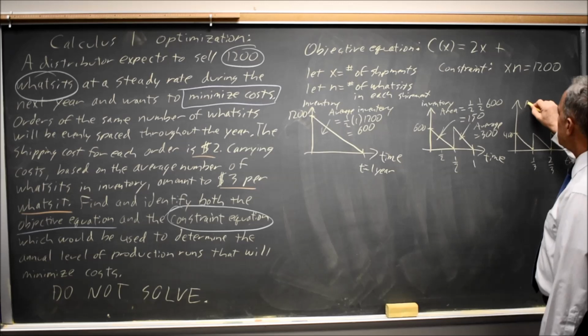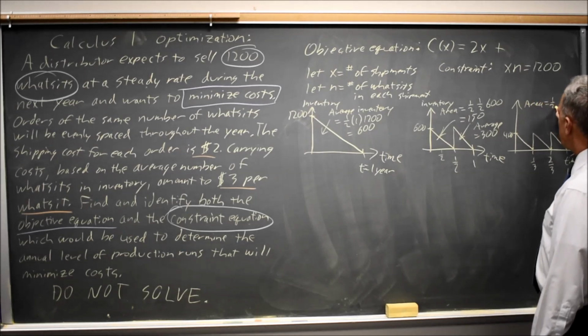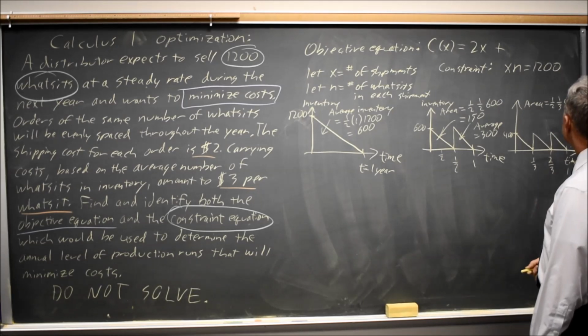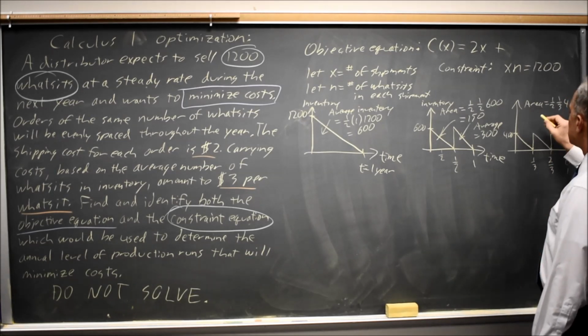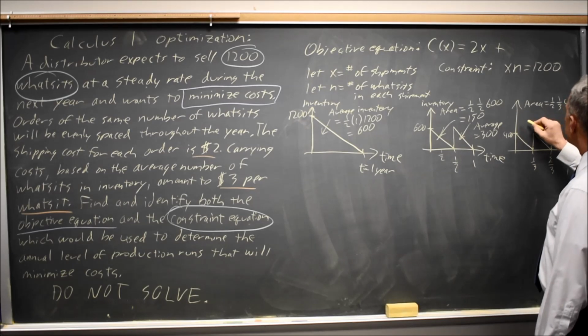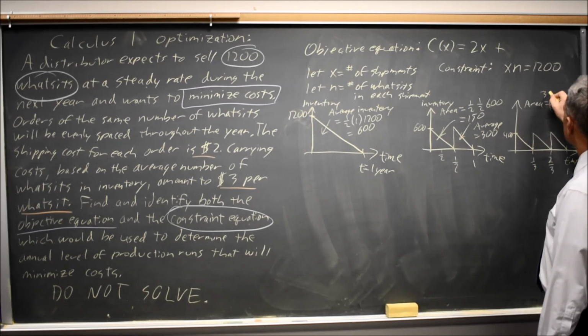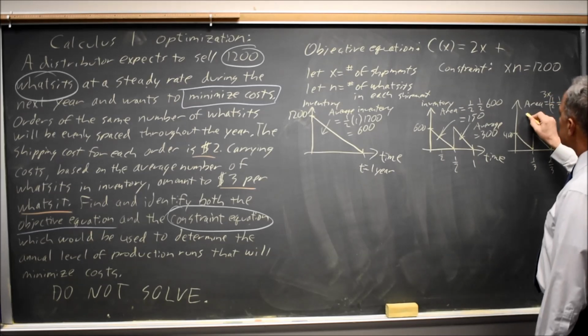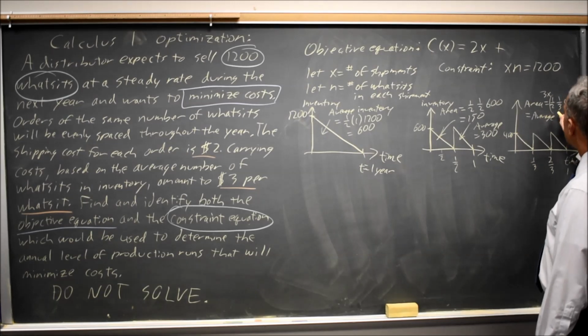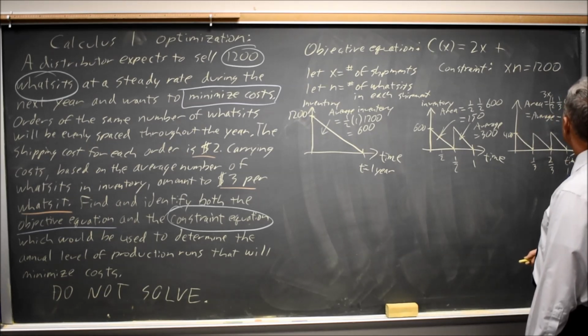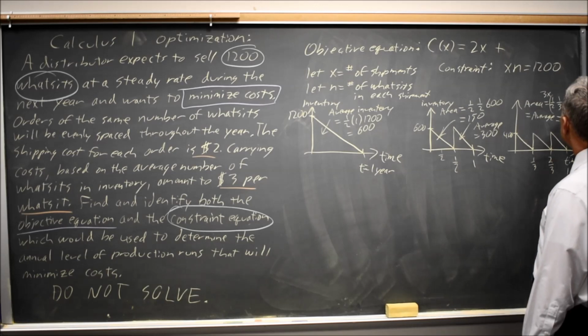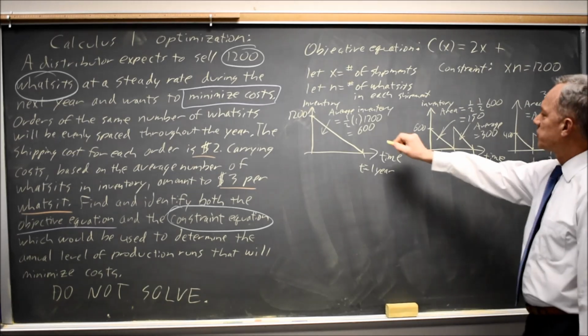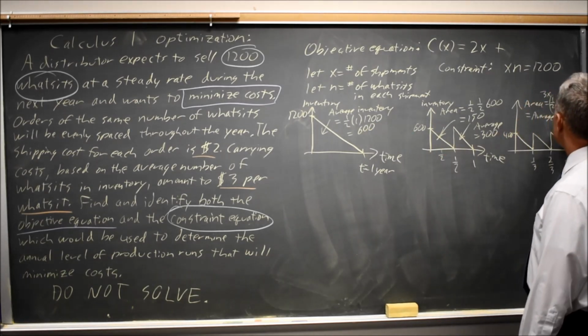And my area for each is 1/2 the base of 1/3 times the height of 400, and then I have 3 of them. So that is a total average inventory of 3 times 1/3 is 1, times 1/2 of 400 is 200. So my average inventory went 600, 300, 200.